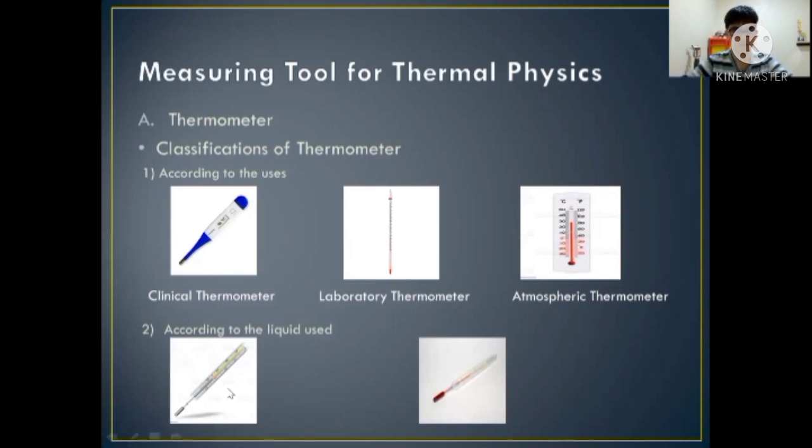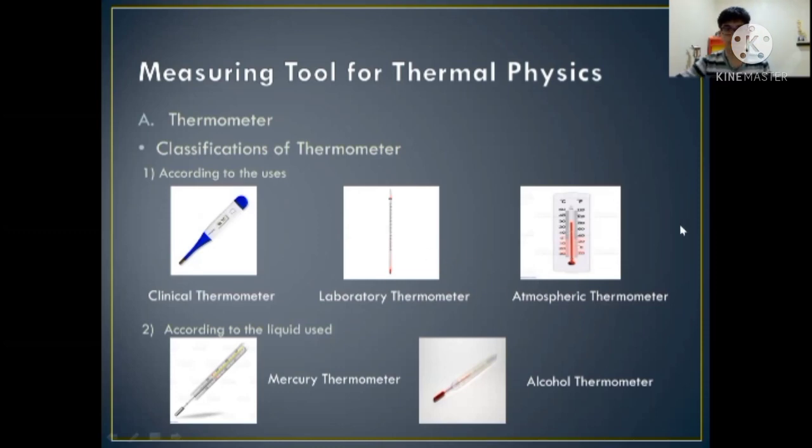These are special liquids. The black liquid thermometer is called the mercury thermometer, and the red one is called the alcohol thermometer. These are the classifications of thermometers. I can only give you five thermometers, since that's only what I know.